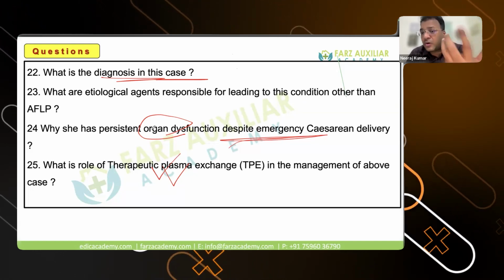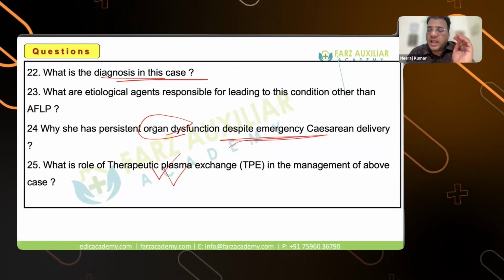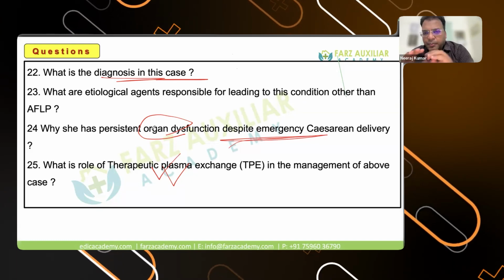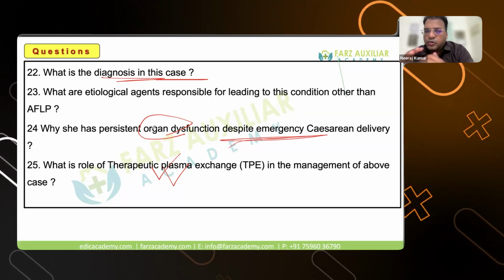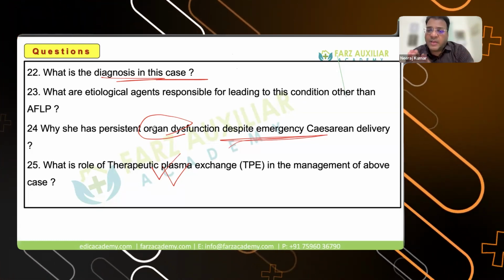Again, I have not talked about the physiological changes in pregnancy. These are very important aspects, but definitely what I have told you right now, maybe you will get one or two scenarios, like these stems in your exam as well.